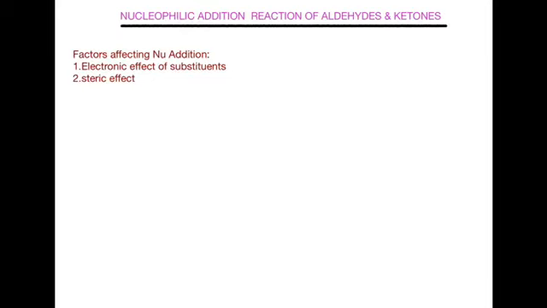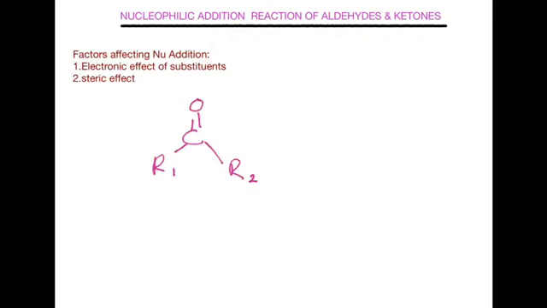We have some factors that affect this nucleophilic addition reaction, and the first one is the electronic effect of substituent. Now, what is this electronic effect of substituent? If we look at the carbonyl compound, we have a carbon doubly bonded with oxygen. We have R1 and R2. If you take something like a methyl or alkyl group, they are weakly electron donating.